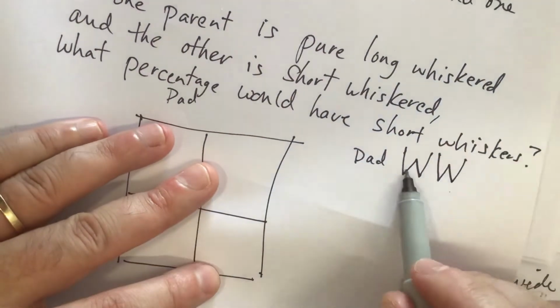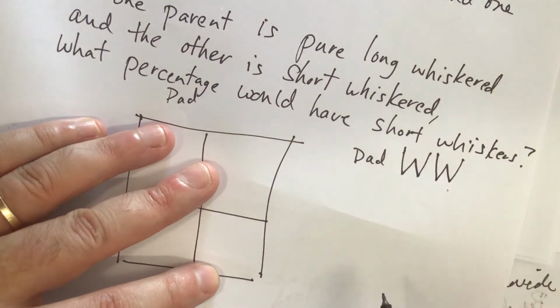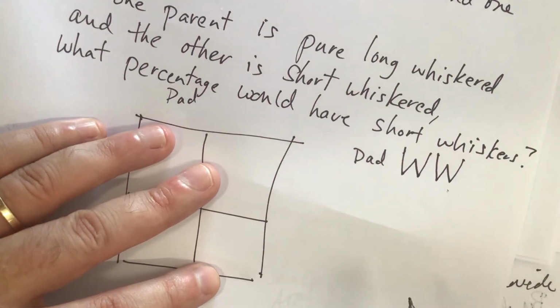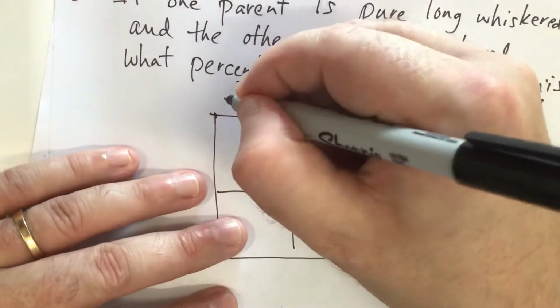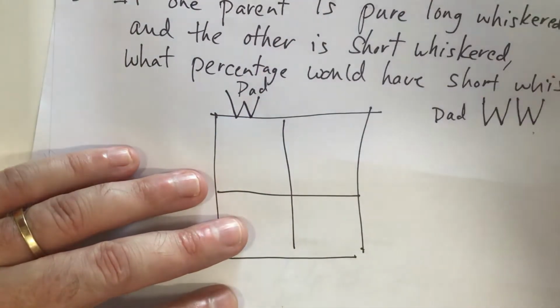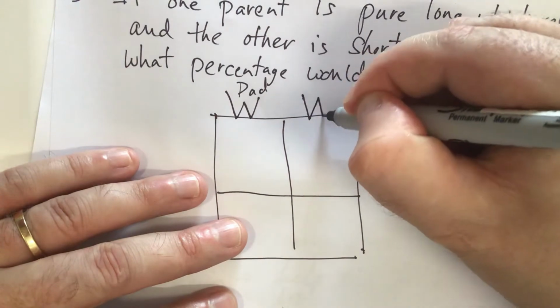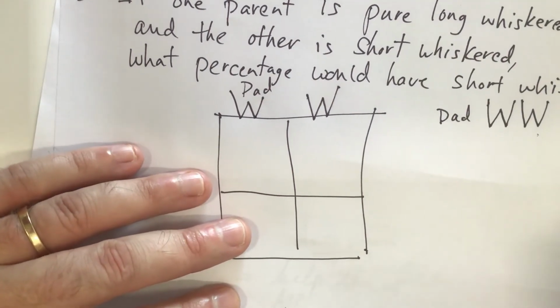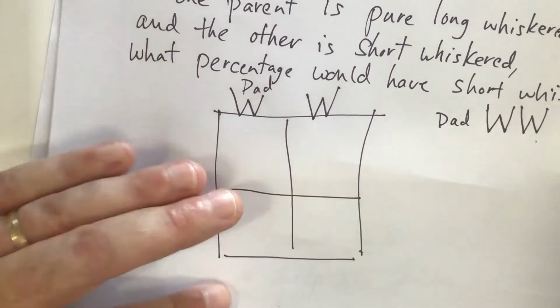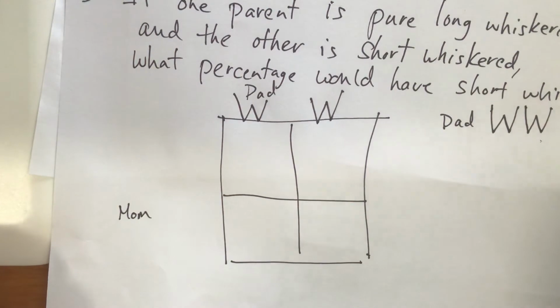Dad has long whiskers, and he's got 2 that are both like this. Okay, he's got 2 of the dominant traits. They're homozygous, so it's the same. So I'm really going to exaggerate this to make it a big W, because even sometimes I make a mistake, because a capital W and a lowercase w can look very similar sometimes.